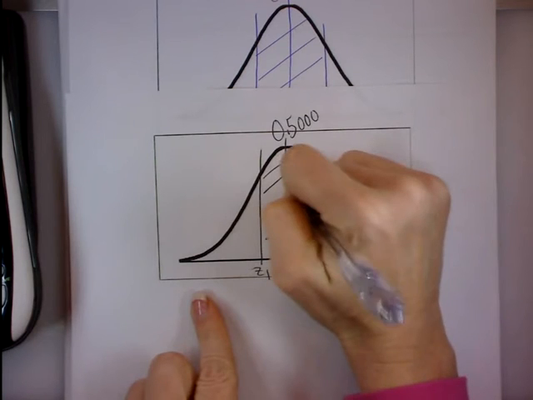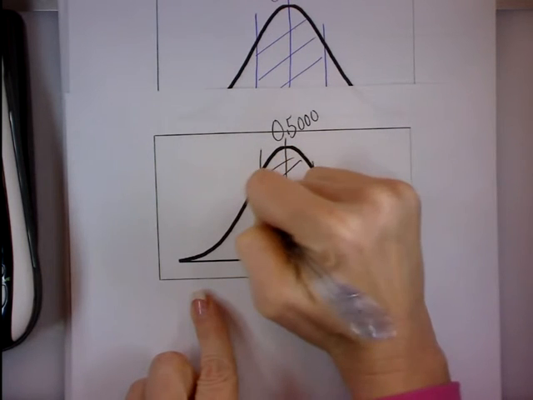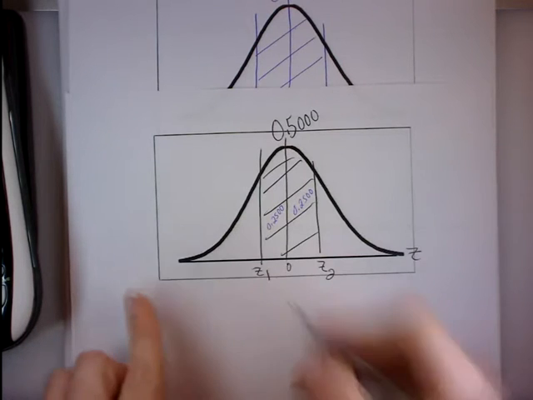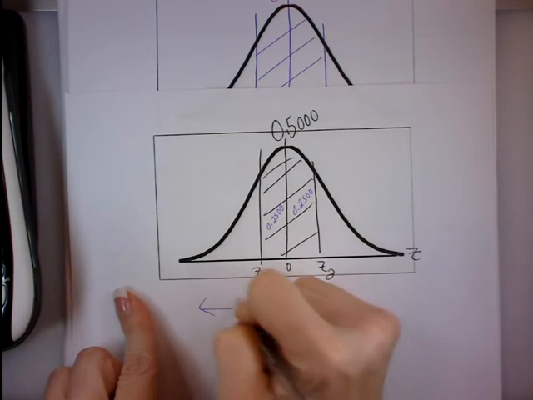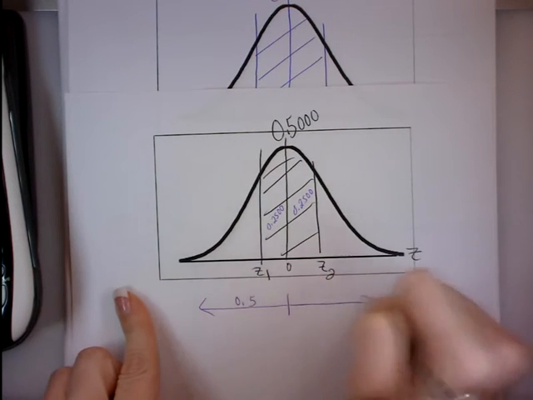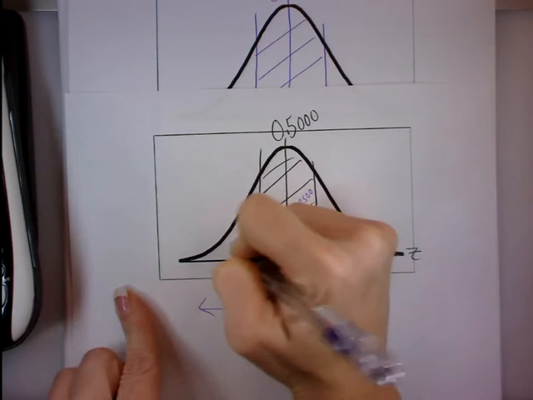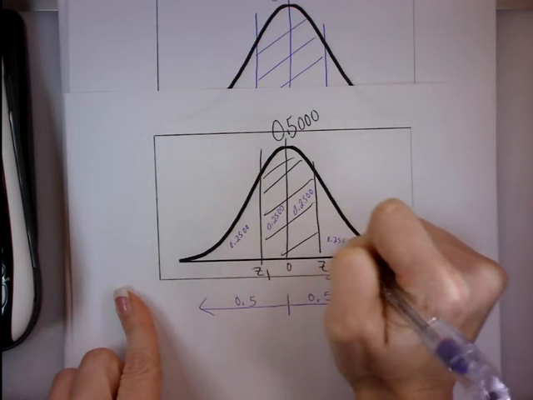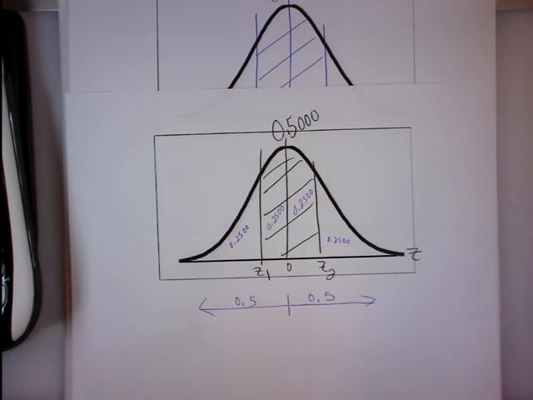So this is 0.25 and this is 0.25 for the middle 50%. And also, since the area below 0 is 0.5 and the area above 0 is 0.5 by property, that makes this 25% in the left tail and 25% in the right tail. So 25% times 4 is 100%. We will look up an area of 25% in the Z table. So here we go.